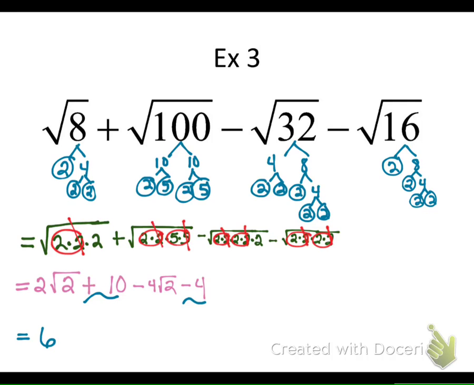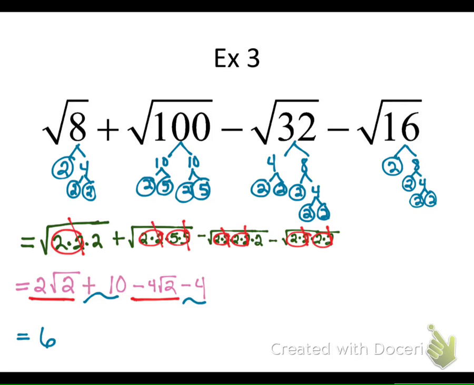Now, I'm done with those 2. So now I'm going to look at my next like terms. Square roots have similar like terms if they have the same radicand. Do I have like terms? Are there 2 square roots up here with the same radicand? Yes. So we have 2 square root 2 minus, because I use the operation sign in front of it, 4 square root 2.